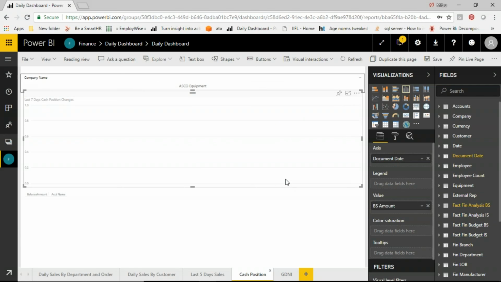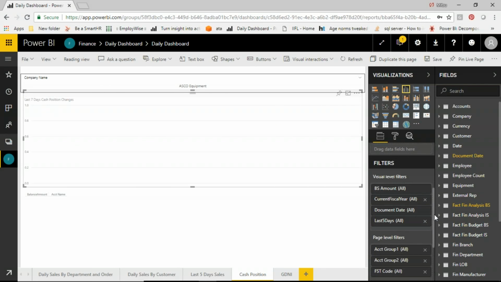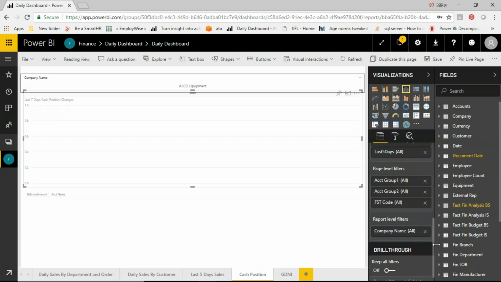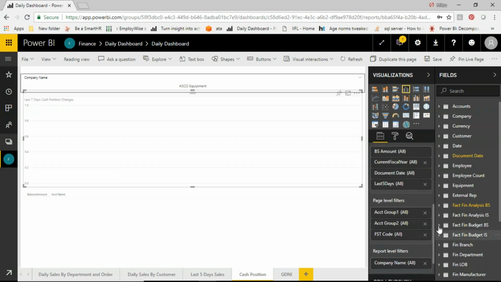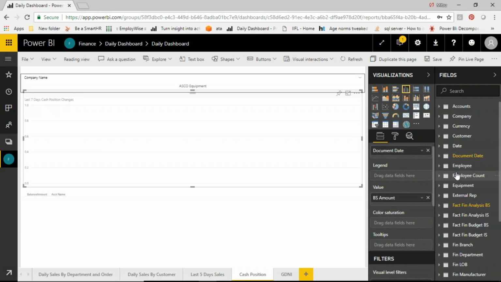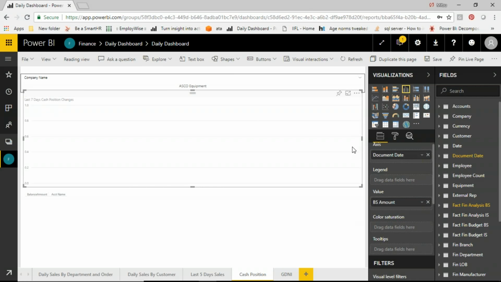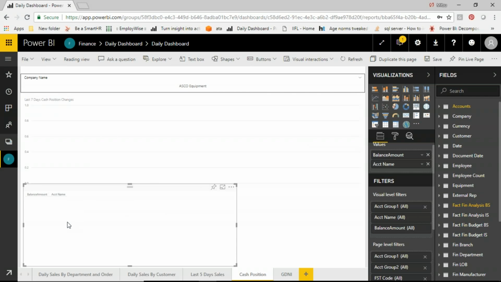This is supposed to give you your cash position. I'm going to have to check why some of those are not getting populated, but it will tell you your cash inflows and outflows. It will show you the balance of all the cash accounts.